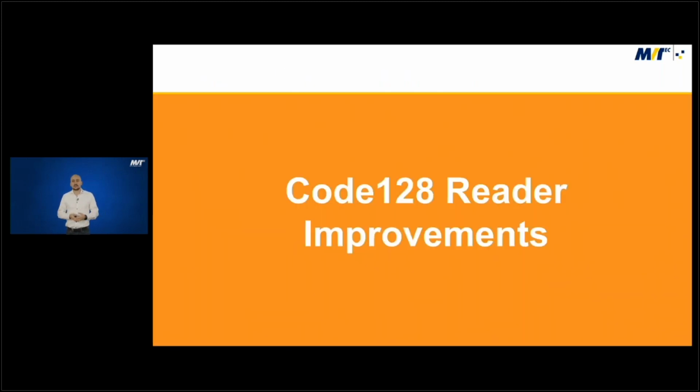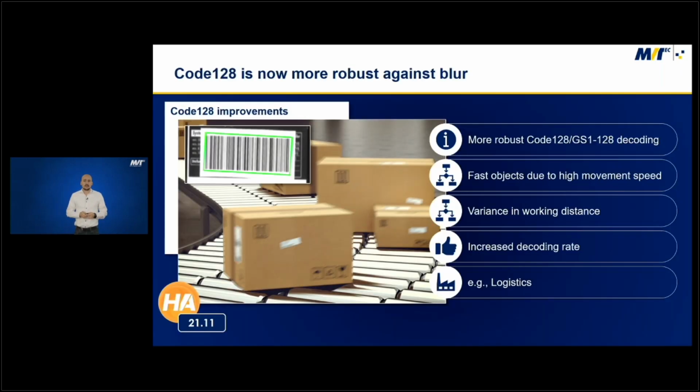The next topic I want to show you is the code 128 reader improvements. The code 128 is a code which is quite often used in logistics industry, and in a lot of these logistics applications, there's a high speed needed. So the packages are literally flying around the logistics centers, and due to the high speed, there is a lot of blur inside the image, or packages have different sizes and working distances to cameras are varying.